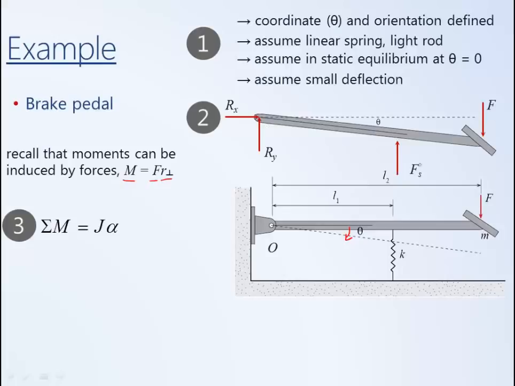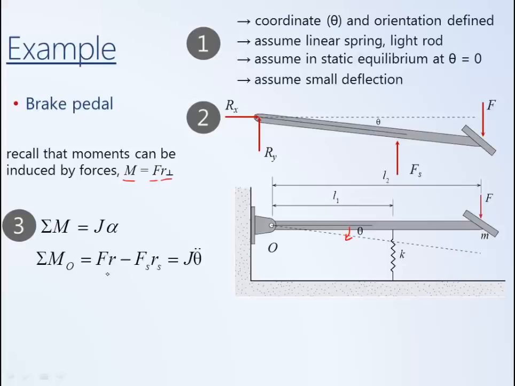These other forces, the spring force and the applied force, however, do impart a moment. We will define the lever arm for the applied force F as R. Looking at this force, it causes the pedal to rotate downward, which is in the direction of positive theta, so we'll define that moment to be positive.